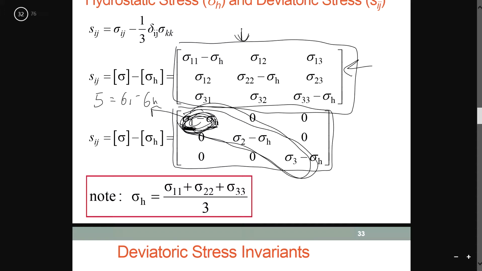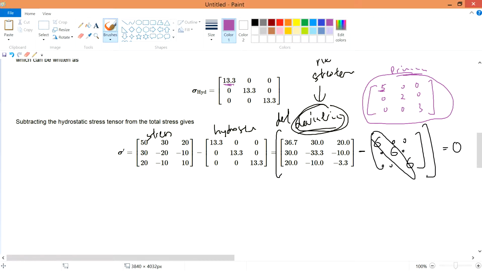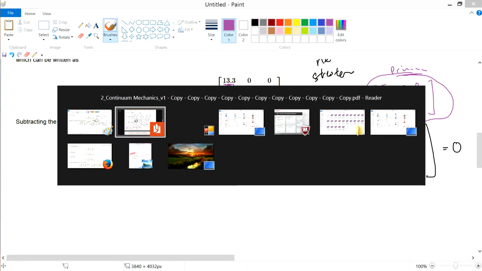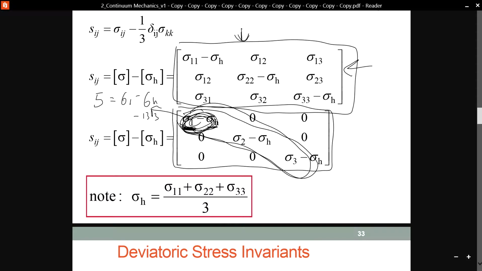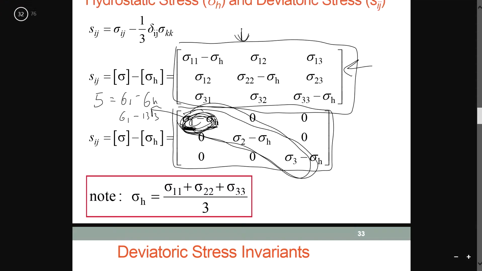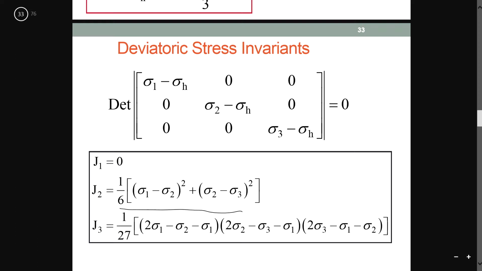Is it minus 13.3? No, it's 13.3. So sigma 1 minus 13.3 equals 5, and therefore our sigma 1 is 18.3, for example. So once you have these values, you can sub them into this, and this is where this equation applies.